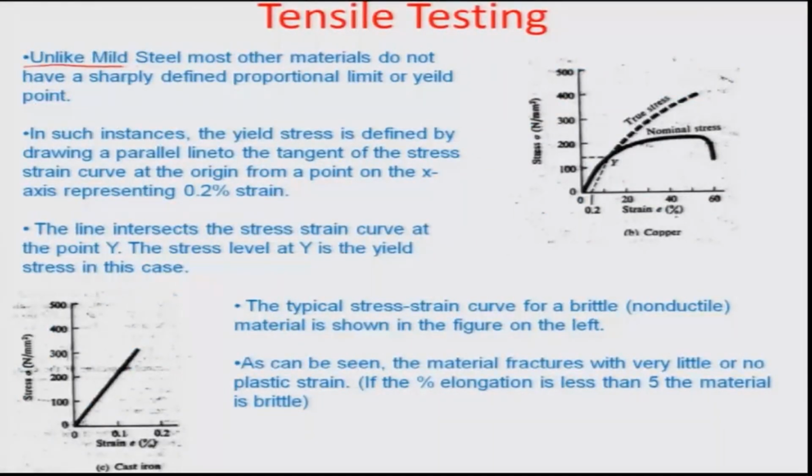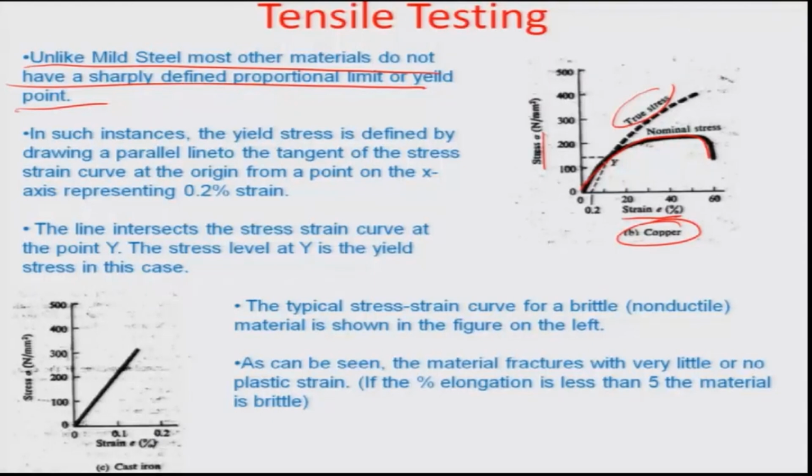So, unlike mild steel, most other materials do not have a sharply defined proportional limit or yield point. For example, look at copper here. The stress strain, engineering strain graph of copper looks somewhat like what you can see here. So, this is the true stress and this is the nominal stress, also known as the engineering stress.